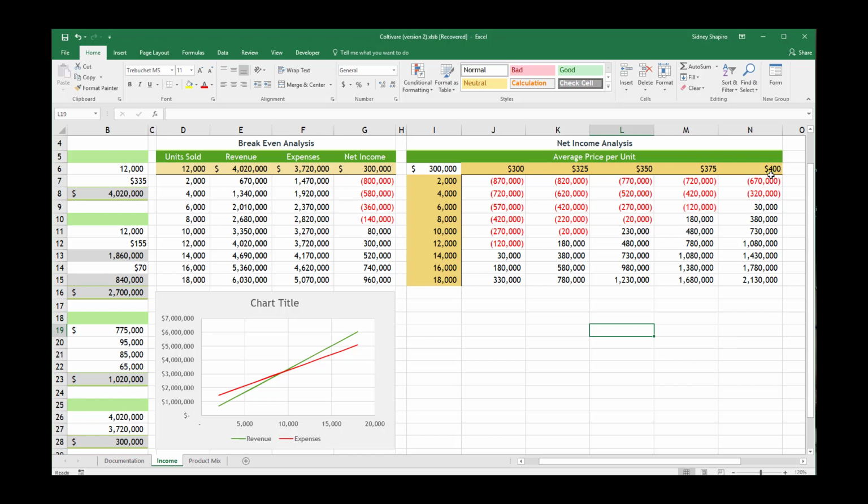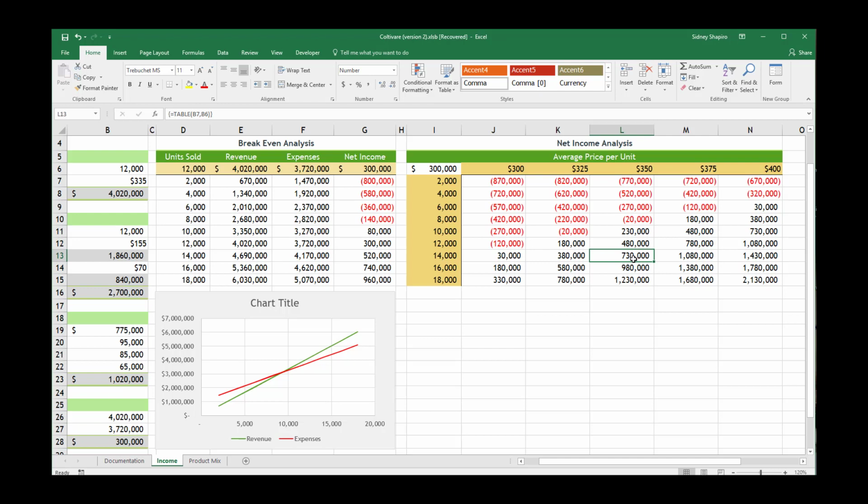Let's see, at $400 we break even at around 6,000 units, like we said before. At 18,000 units, we're at $2 million, whereas if we only produce 2,000 units at $300, we would lose $870,000. So this gives us a good idea of where we want to be in that central line, and we could pick different combinations. For example, 14,000 units at 350, we would make $730,000.